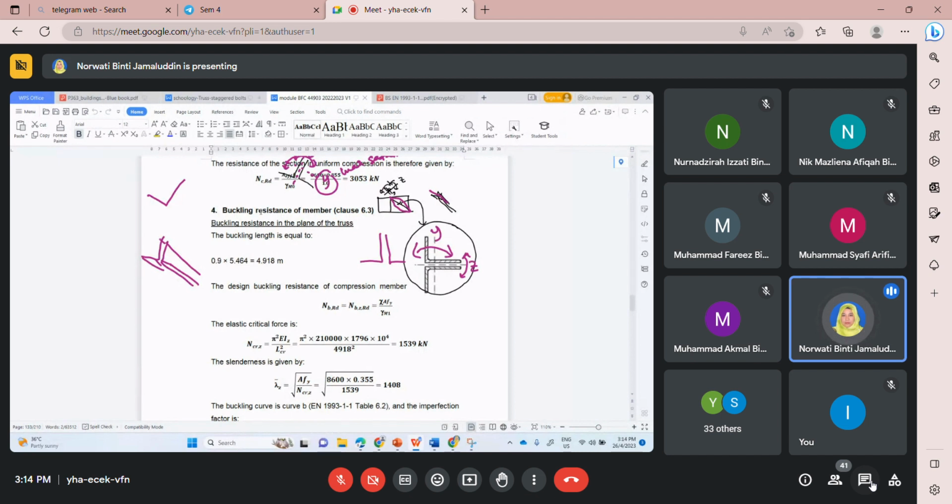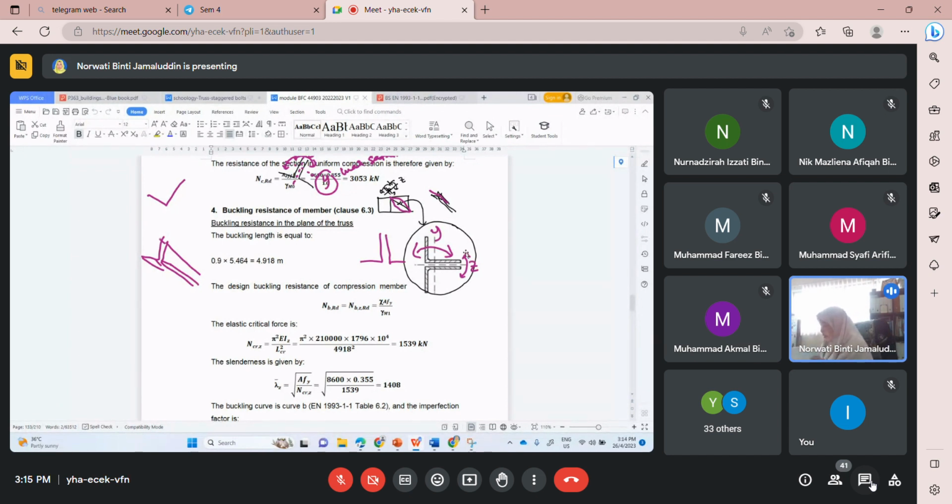Because for the in-plane truss and for the in-plane buckling, it refers to Z axis. So to have buckling at Z axis in plane dalam SATA, the arrangement should be like this, not this one, like this. So it will buckle up and down in plane of the truss.